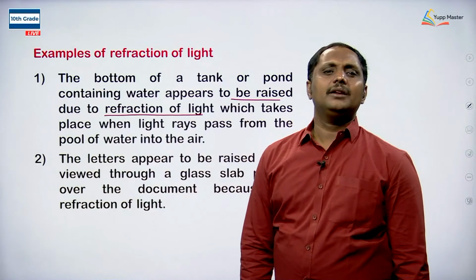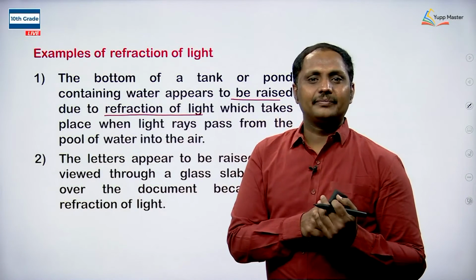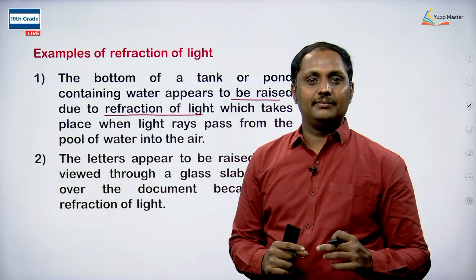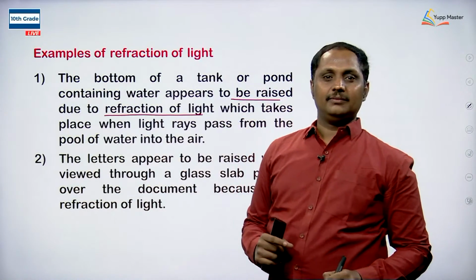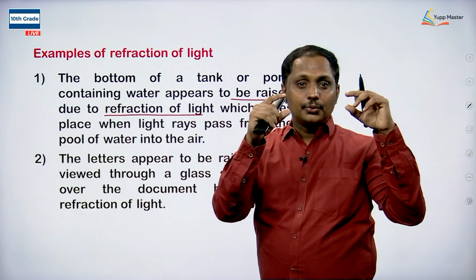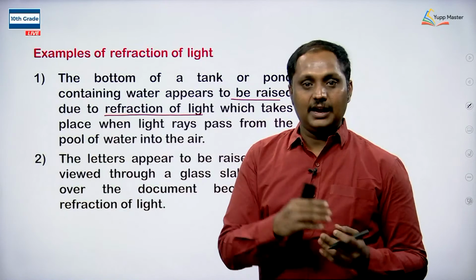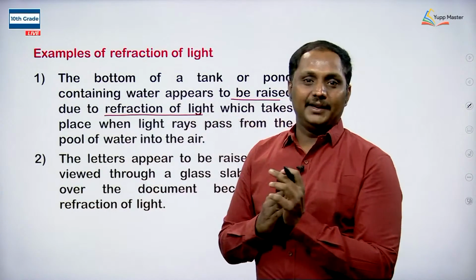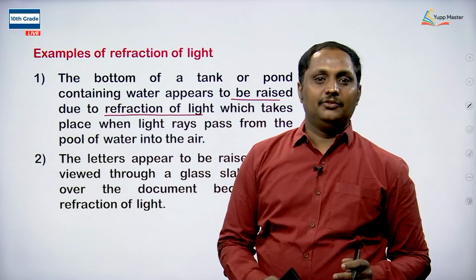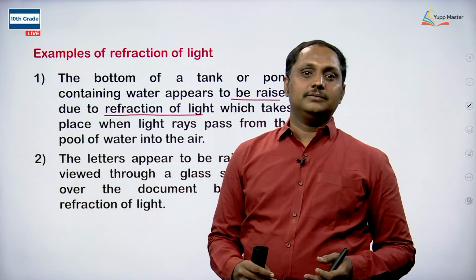Now, take another example. You have seen letters appearing in different sizes when you are trying to read the information while taking the help of a glass material. Normally with your naked eye, it is very clear. The matter which was written, simply the letters A, B, C or whatever it may be, with your naked eye you have seen, that is the original.